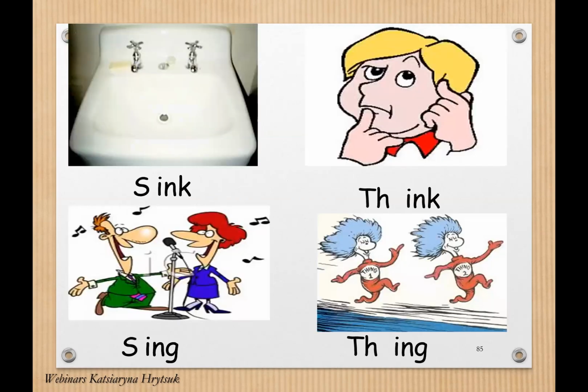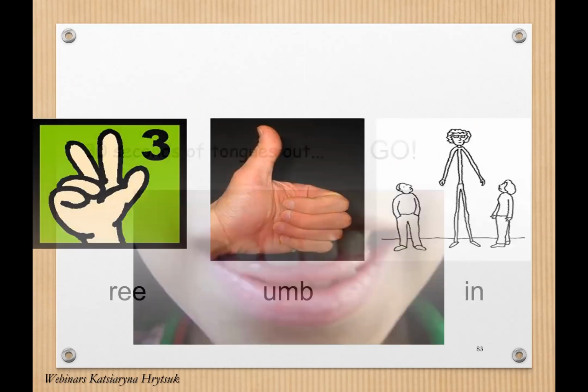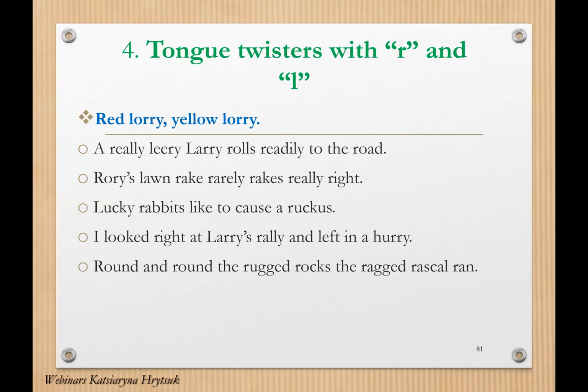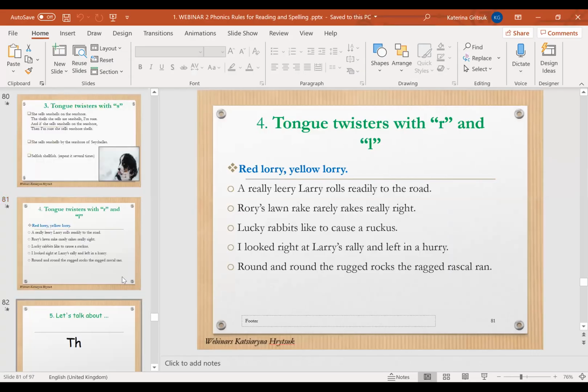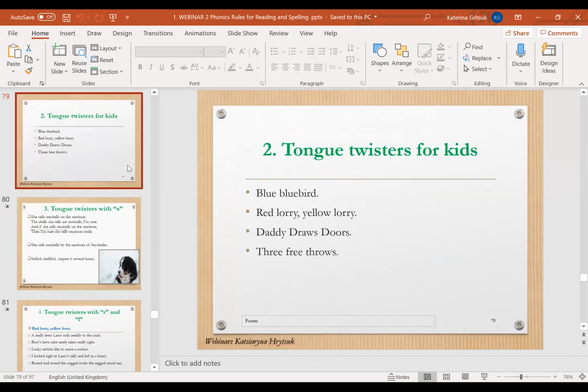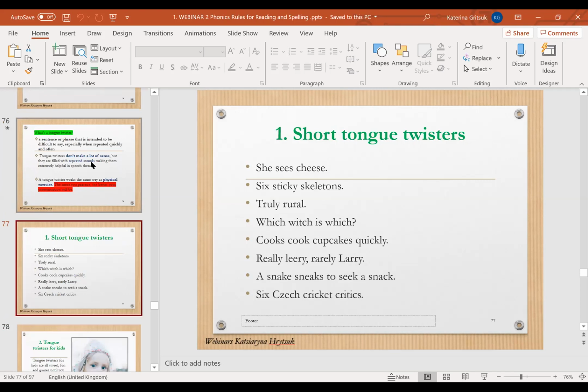Choose one tongue twister, 10 minutes, and then you will demonstrate. Let me show you the file, which one you want. Remember, if it's too short, take a picture now, and then you have 10 minutes to practice. Take a picture exactly right now.